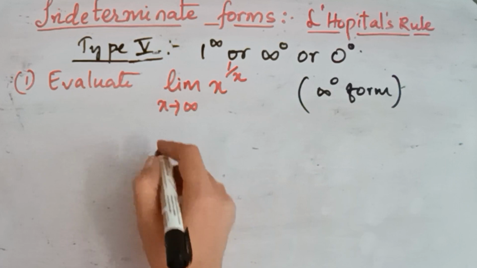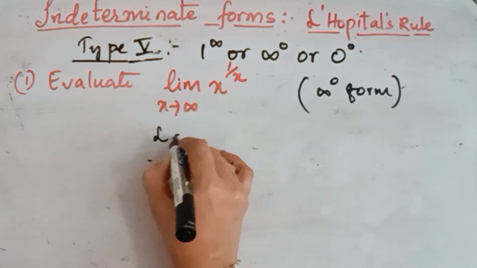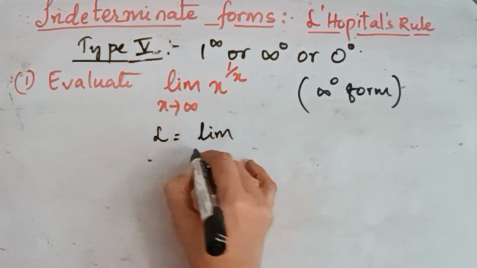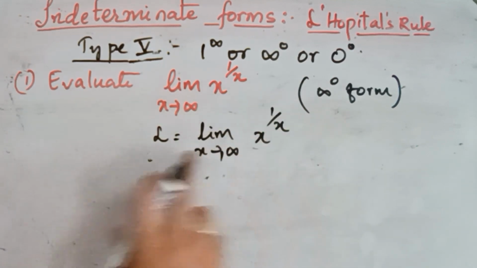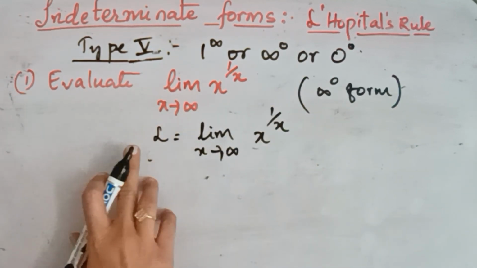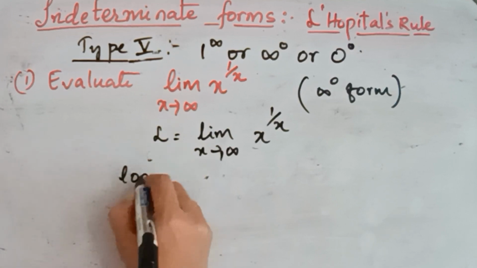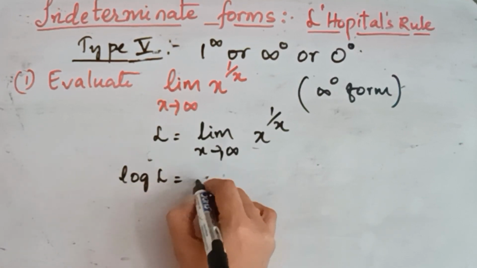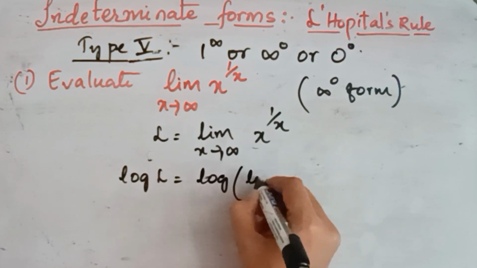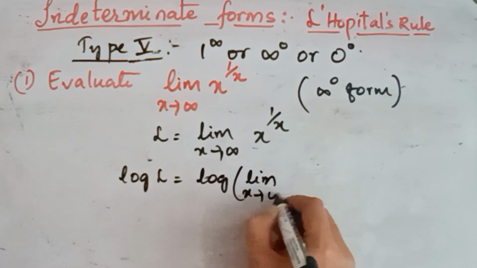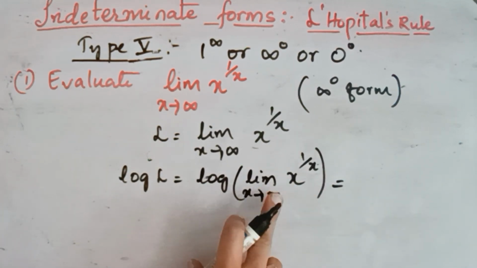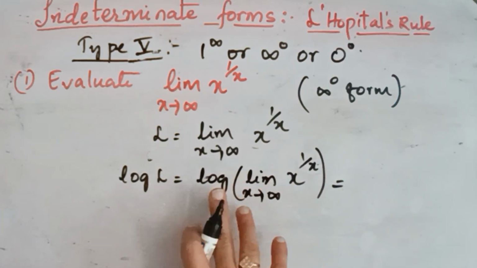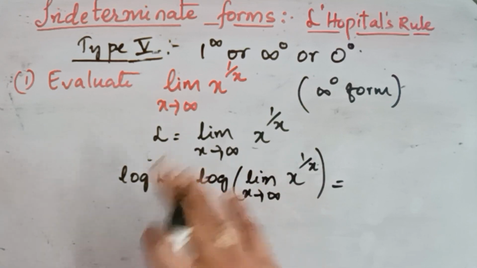So in this case, first you take this value as L, limit x tends to infinity x to the power 1 by x. Take this value as L. Now apply log on both sides. This is the method. Log of L equal to log of limit x tends to infinity x to the power 1 by x. Now there is a property of logarithm, that is log of limit is same as limit of log.